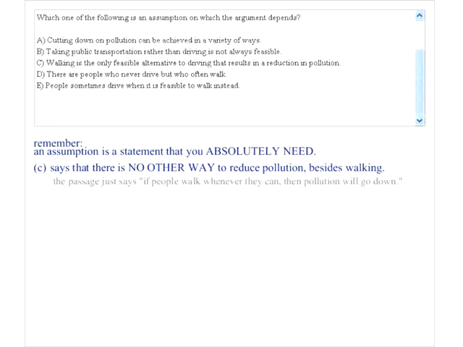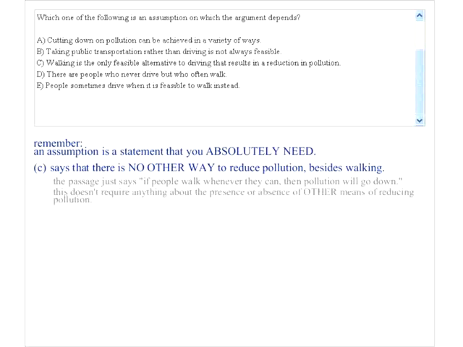This doesn't require other means of pollution to be absent. This is just talking about what happens if people do walk. This doesn't require anything to be true in the case that people don't walk. So this doesn't require anything about the presence or absence of other means of reducing pollution.